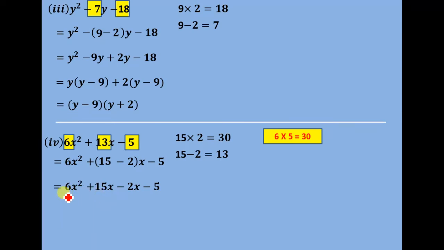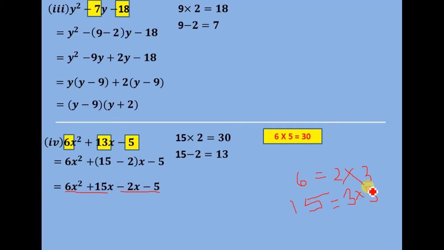Now after this, from here I need to take a common out, and from here I need to take a common out. So 6 can be written as 2 into 3, and 15 can be written as 3 into 5.